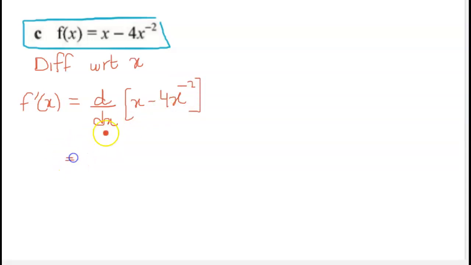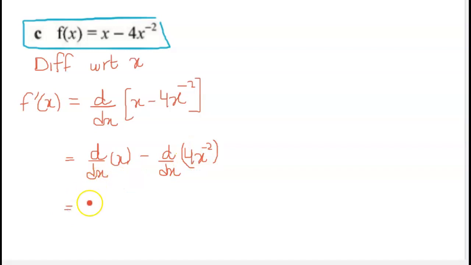Now, when I differentiate that one, I need to differentiate separately. Now differentiation of that one is going to be just 1, minus 4 is outside. Differentiate the x squared.